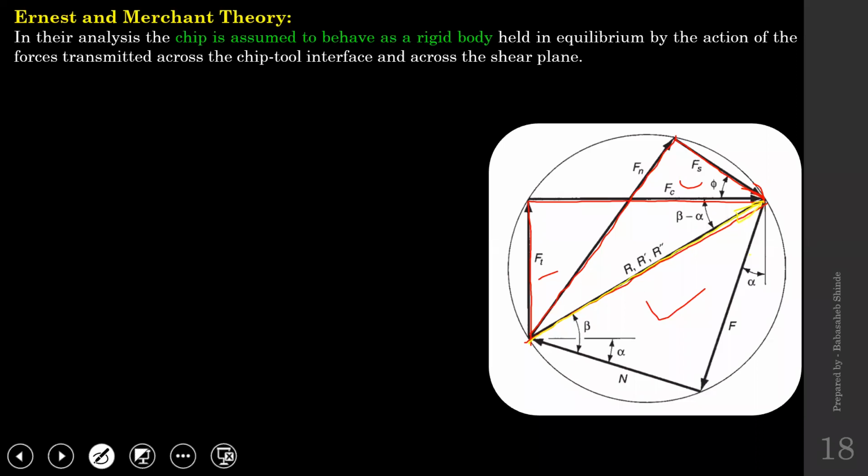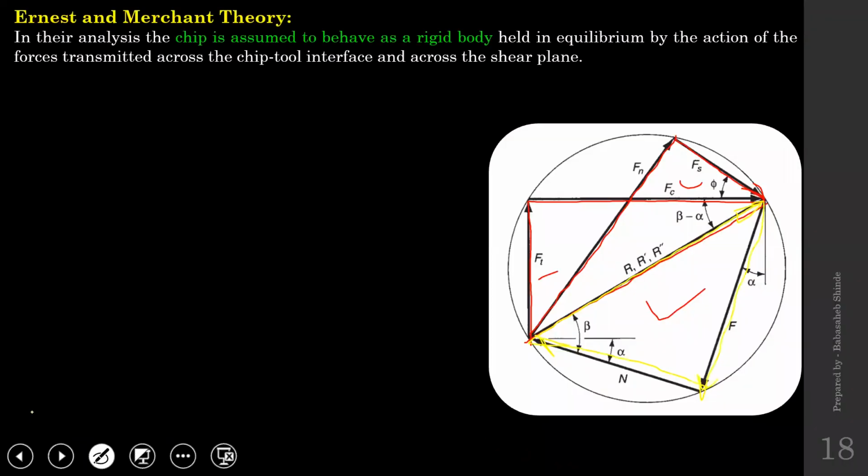Then frictional force F, perpendicular to that the normal reaction component of that frictional force, and again a resultant of those two will lie along the same resultant that we have drawn.